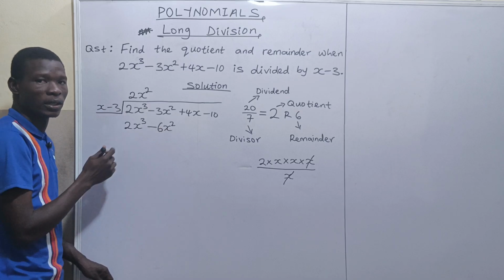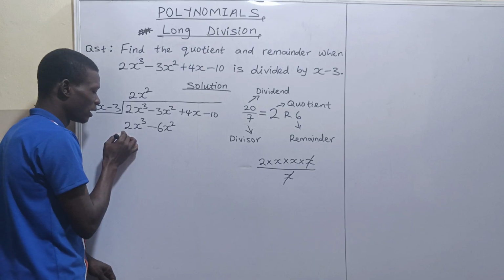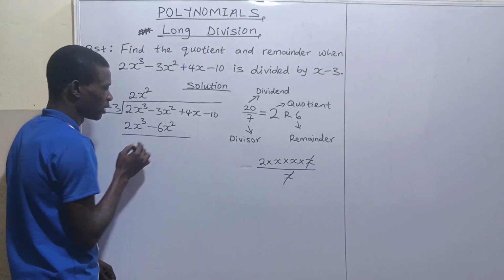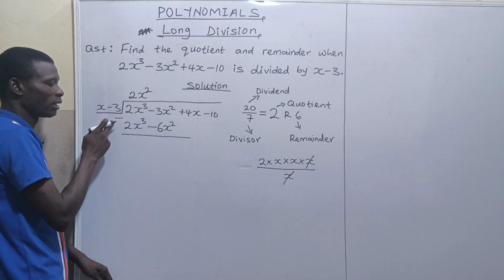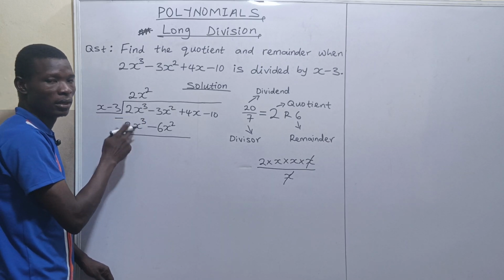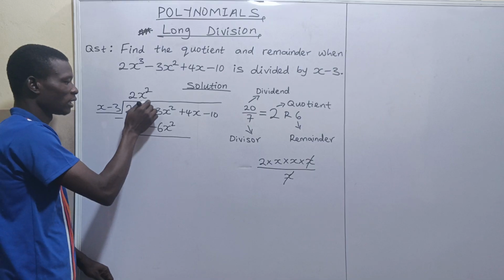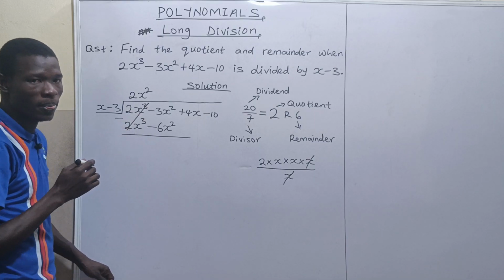Immediately we do that, we are going to subtract. 2x cubed minus 2x cubed will be 0, so this has been eliminated.